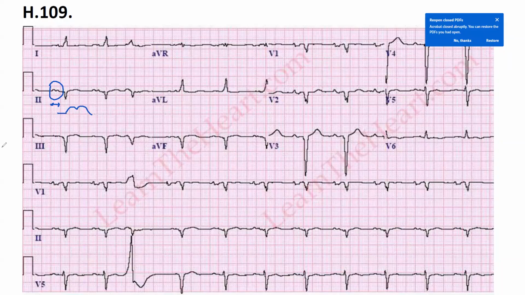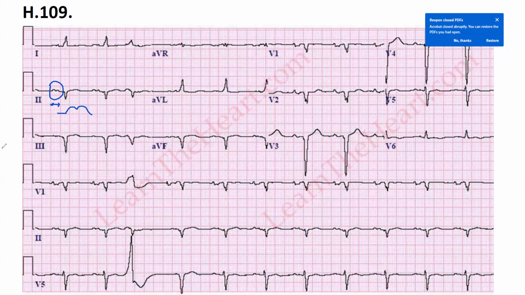What does it mean? There's some sort of atrial enlargement. Which atrium is enlarged? The left. Exactly. This is P mitrale or left atrial enlargement. Good. All right, go on.